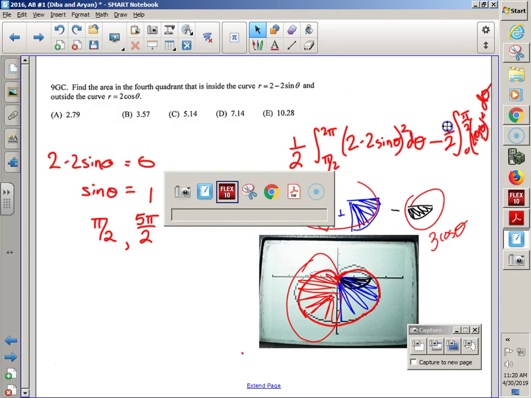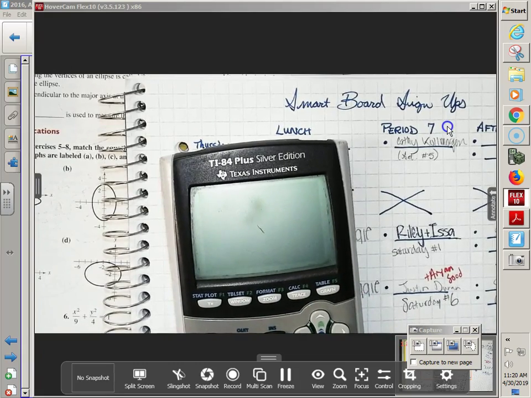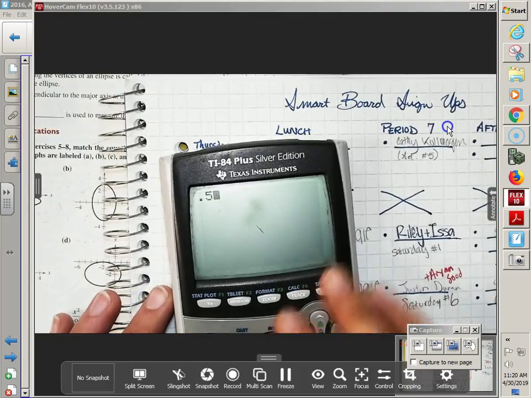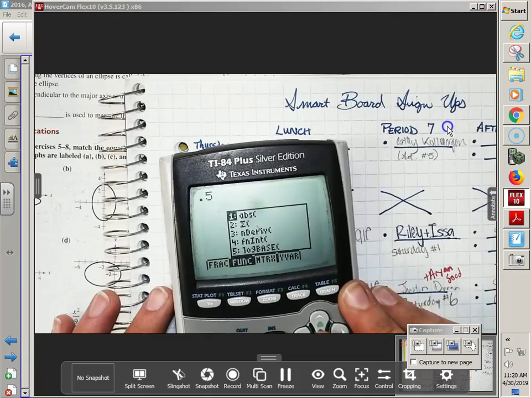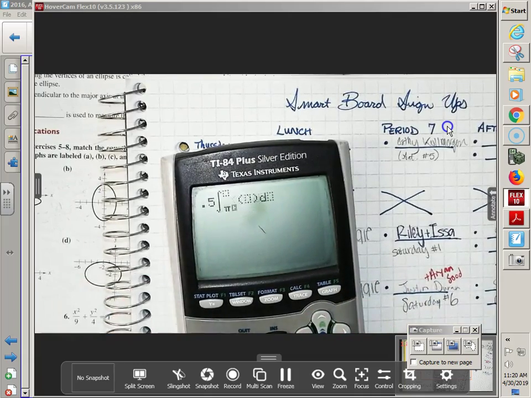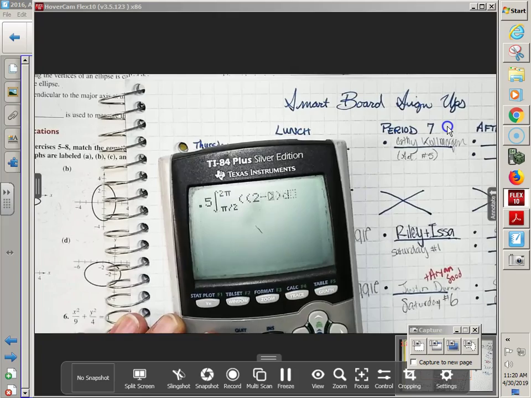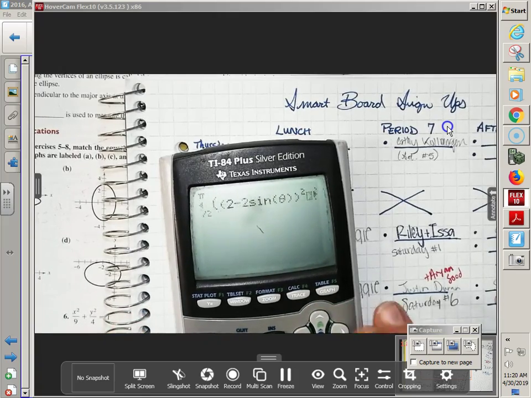So then we can go ahead and, has anybody plugged this in yet to see if we're good? I'm doing it right now. Okay, so will I. So we have my 0.5. You guys know your shortcut alpha window, right, to get your function integrate? From pi over 2 to 2 pi of parenthesis 2 minus 2 sine of theta. Make sure that you square the whole thing, right, guys?